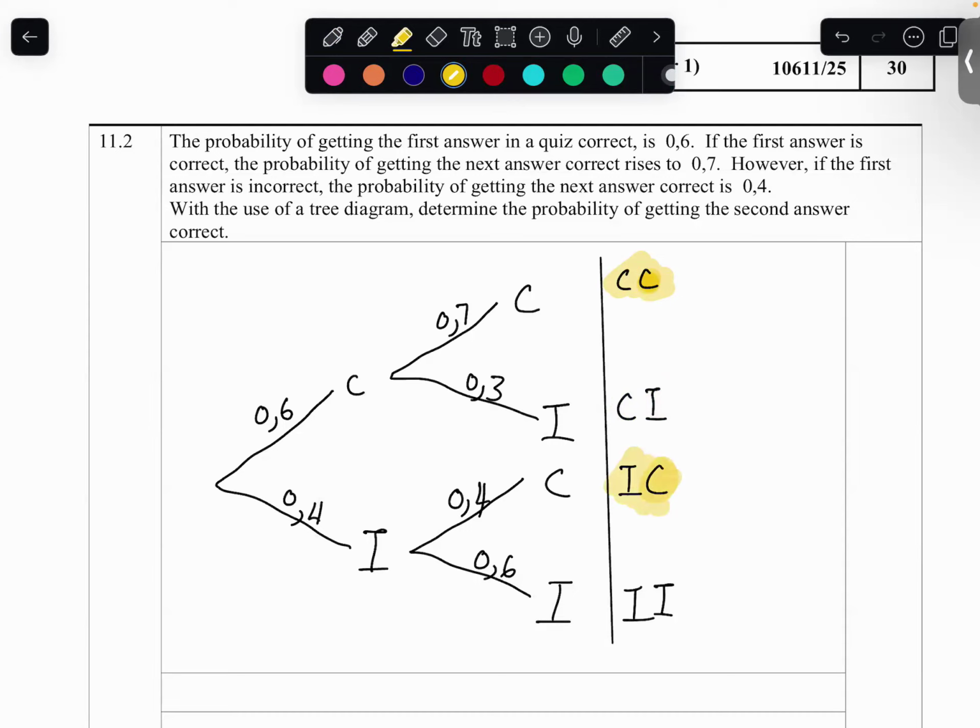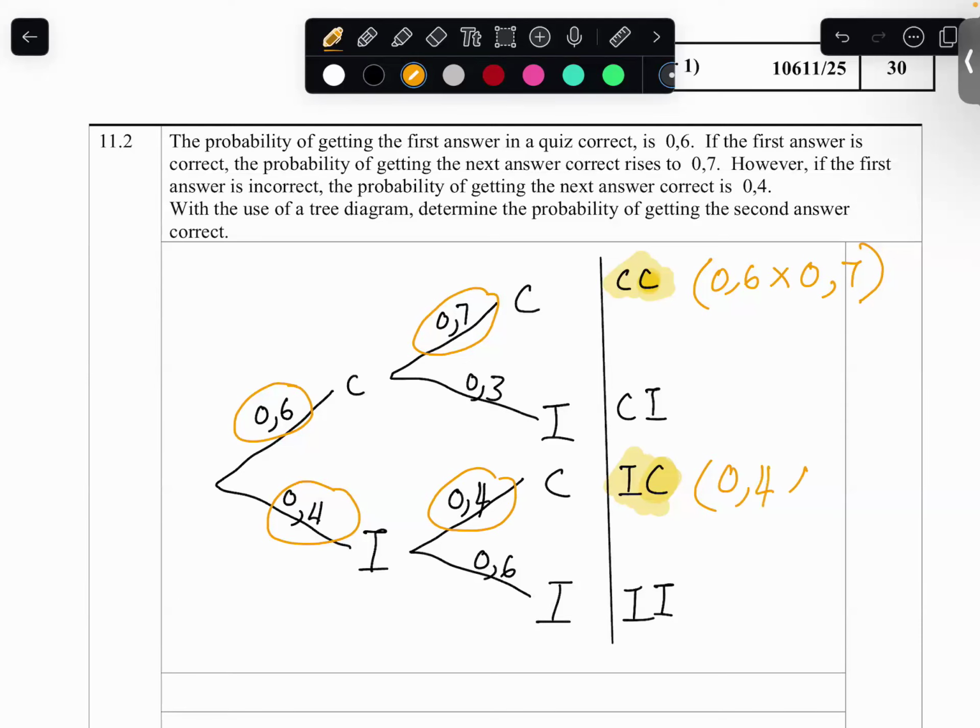Determine the probability of getting the second answer correct. To get this probability, it is 0.6 times 0.7. And to get this one, it's 0.4 times 0.4. So multiply across the branches, add down to get your answer.